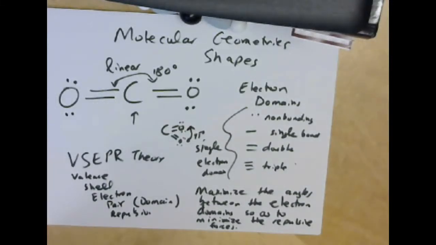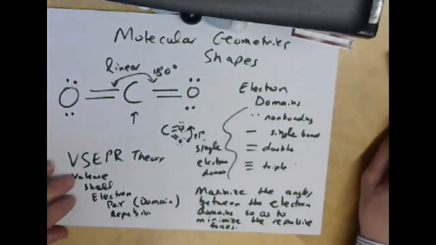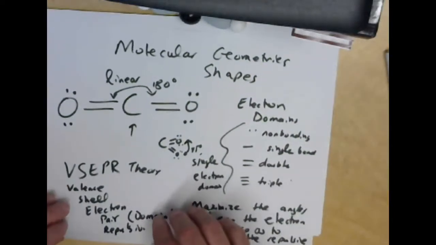The molecular geometry describes the atoms, how they're arranged. And if there are no non-bonding pairs of electrons on the central atom, the electron geometry and the molecular geometry are going to be the same. So that's true here. So it's both an electron domain geometry of being linear and a molecular geometry of being linear.